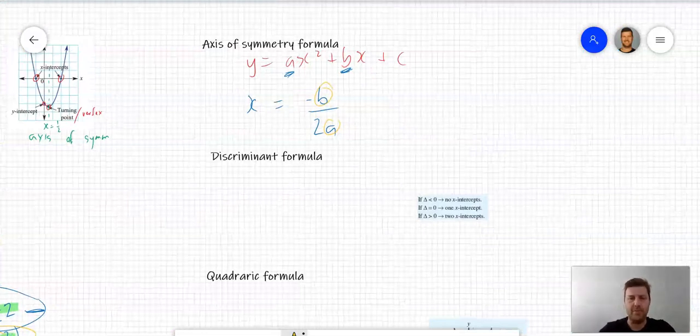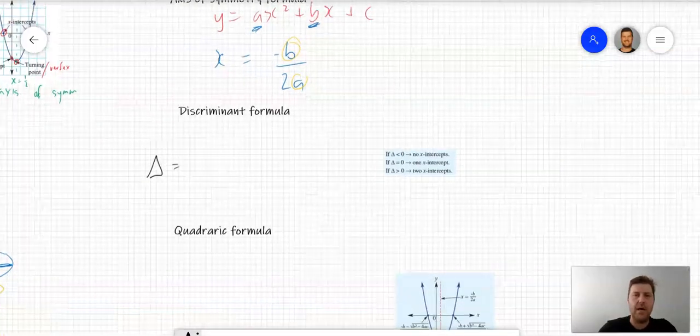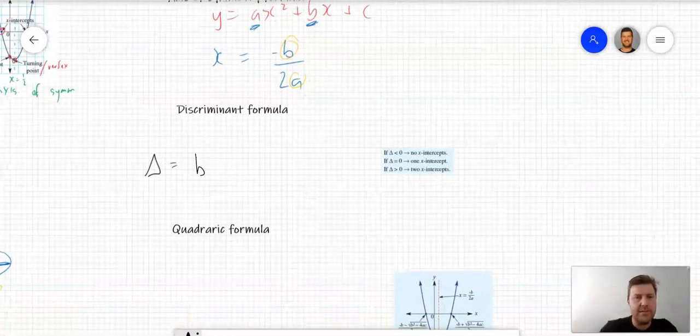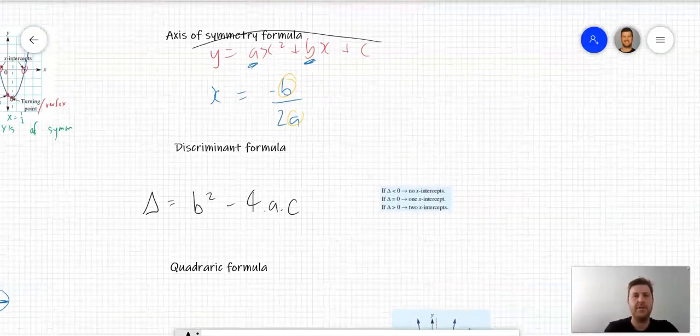Alright, discriminant formula. The discriminant formula is just used to determine how many x-intercepts there are. We use delta to determine how many intercepts there will be. So delta is equal to b squared minus 4 times a times c. And again, you're just taking those three values, b, a, and c, straight from standard form and substituting them in.